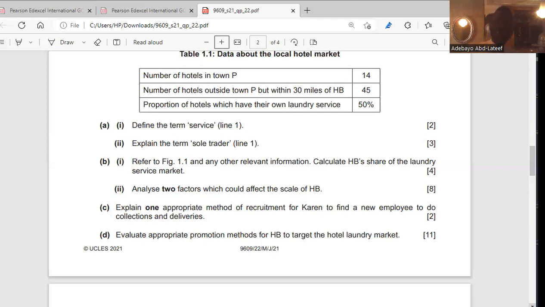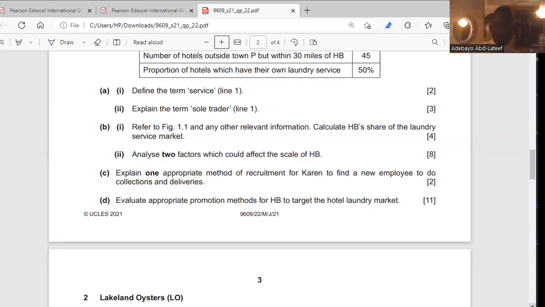So the risk involved, if Karen is willing to take the risk, then that is what we call a business opportunity. And the last one is land, the quantity and quality of natural resources available for Karen. All these factors are important because they can make or mar Karen's or HB's supply or scale.